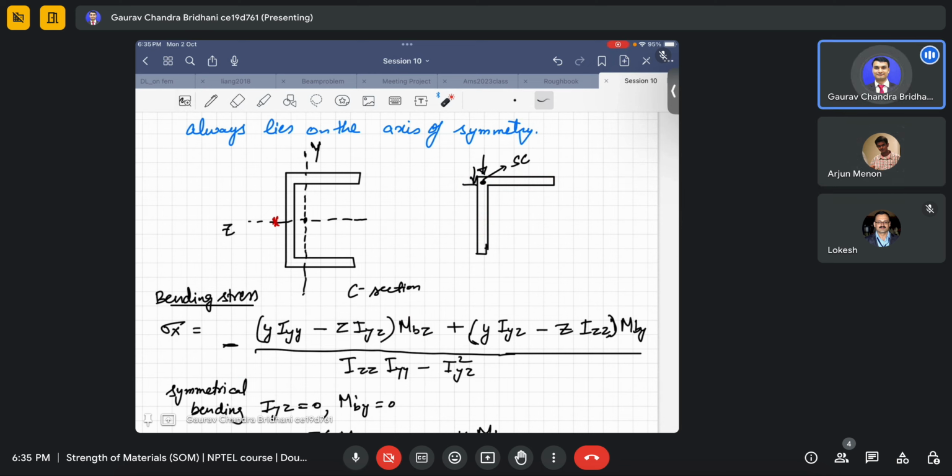So because of that, if we draw in this sense, we take the component of this vertical load along this direction as well as along this direction. That will now cause a MBY, because now you can calculate a MBY and MBZ with respect to that.